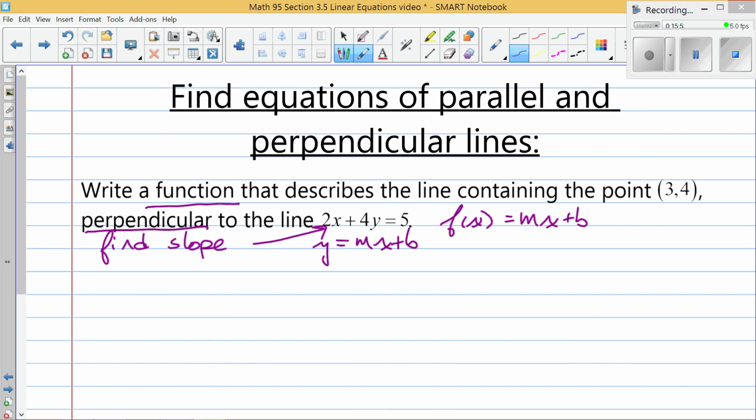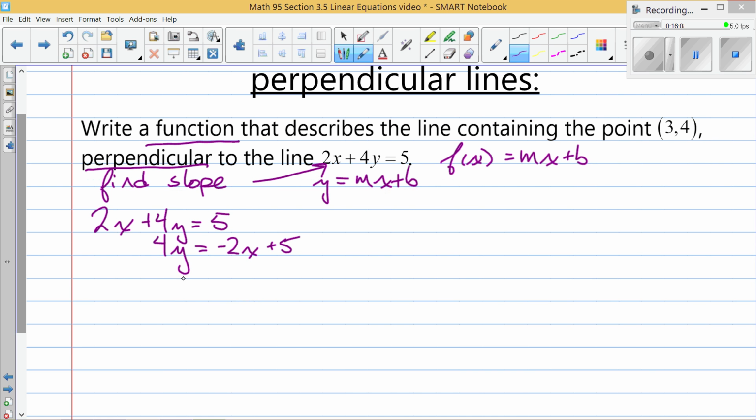So I have 2x plus 4y equals 5. Subtract the 2x from both sides. 4y equals -2x plus 5. And then I'm going to divide everything by this 4. So I get y equals -2/4 x plus 5/4. You may be tempted to forget to divide something. Don't do it.